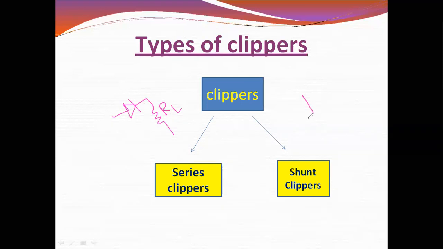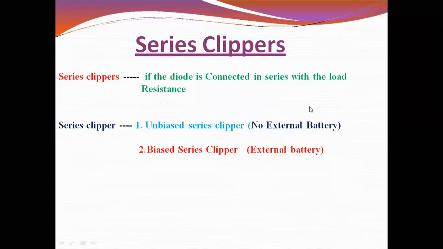Coming to the shunt clipper, the diode's two ends are connected with the two ends of the resistor like this, then it is called shunt clipper. Observe the difference between series clipper and shunt clipper. First one is series clipper, second one is shunt clipper. These are the types of the clippers. We will discuss one by one in detail with operation as well as output waveform.